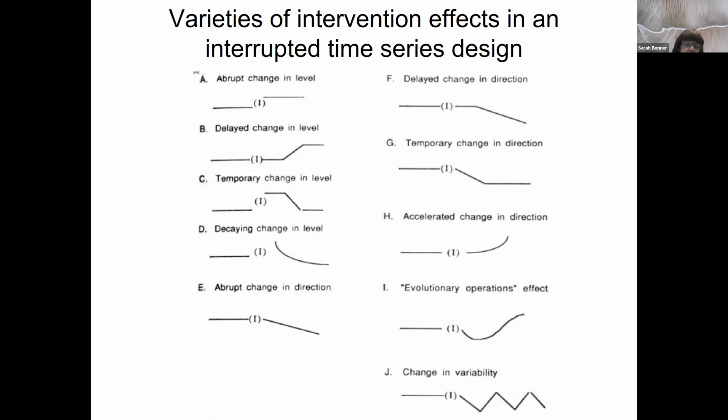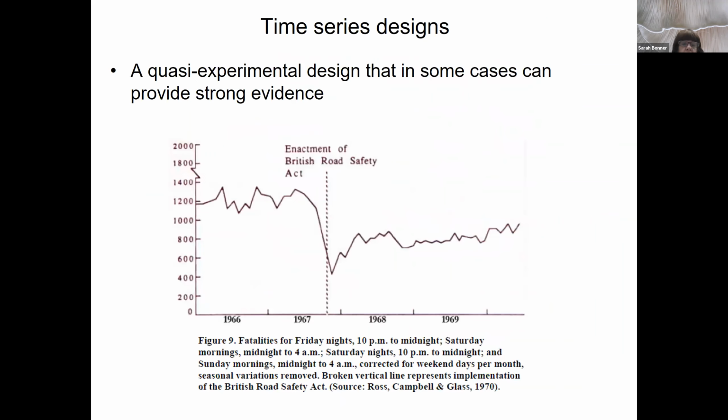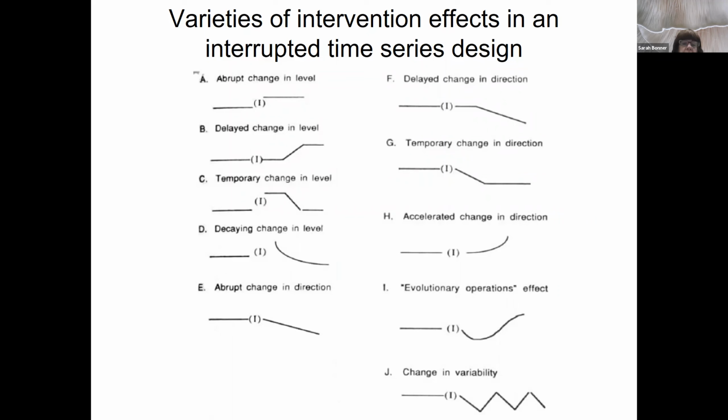A temporary change in level for a time series interrupted by this change agent would look kind of like what we saw here, which is that there would be a change in level, but it would go back to where it had been before.